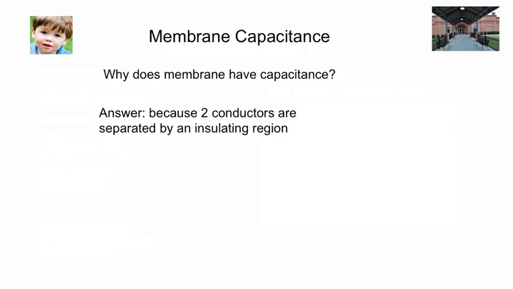Somehow or other, it seems very reasonable that membrane has resistance, but capacitance, well, we're not quite so sure about that. However, think about the general definition of capacitance. There is capacitance between one point and another when you have two conductors separated by an insulating region. So membranes are certainly an insulating region.